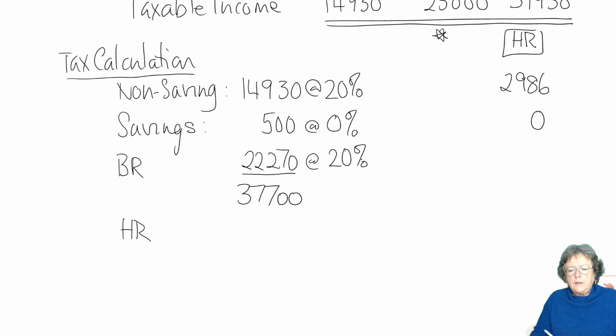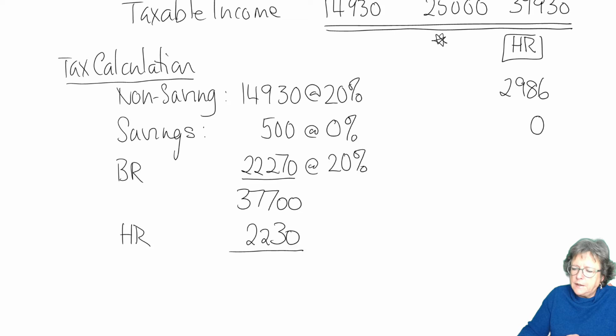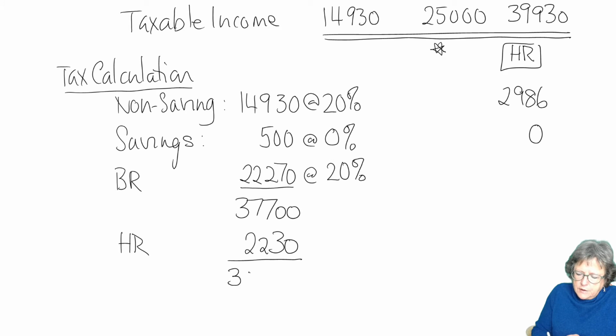Okay, so this is your subtotal. The total of that income comes to 37,700. Now we've only taxed £500 and 22,270. So we have a balance of £2,230. Now I know that's true because if you look here, the total is 39,930.